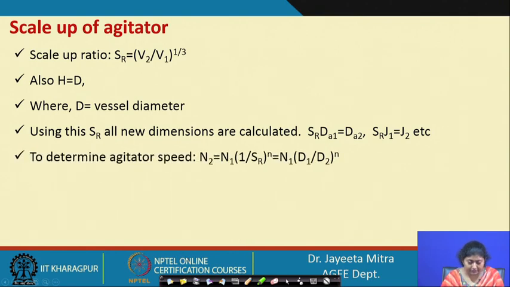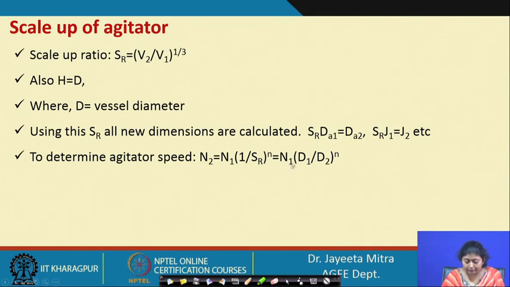Thus we can maintain the similarity between them. To determine the agitator speed, N2 will be N1 into 1 by SR to the power n, as the ratio of N changes with the power of small n.